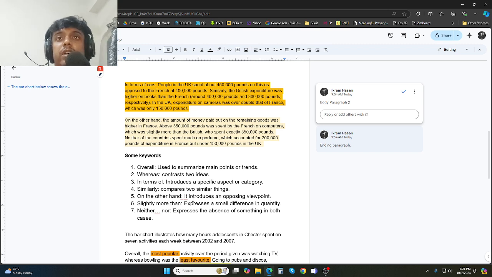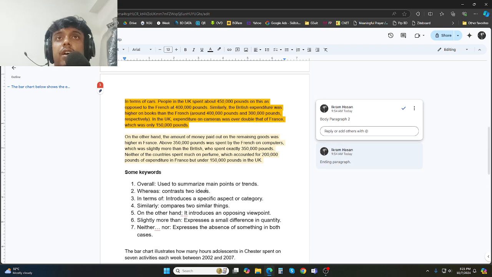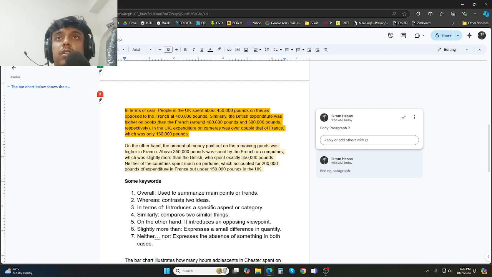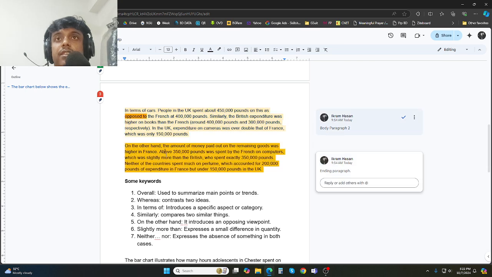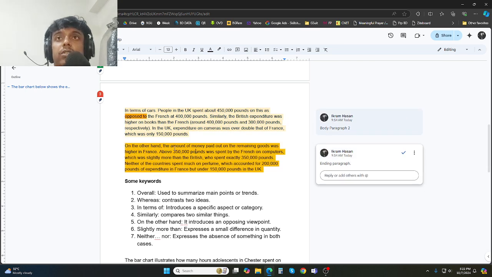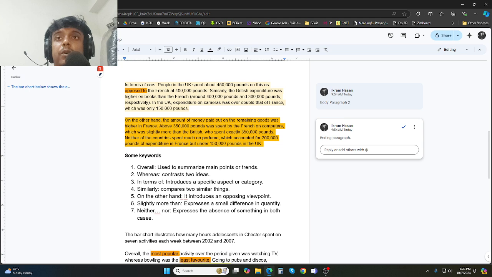So whenever we are trying to use opposite viewpoints, we will use "on the other hand", and whenever we are comparing two similar things, we will use "similarly". So similarly, on the other hand, as opposed to, slightly more than. So it expresses a small difference in quantity.